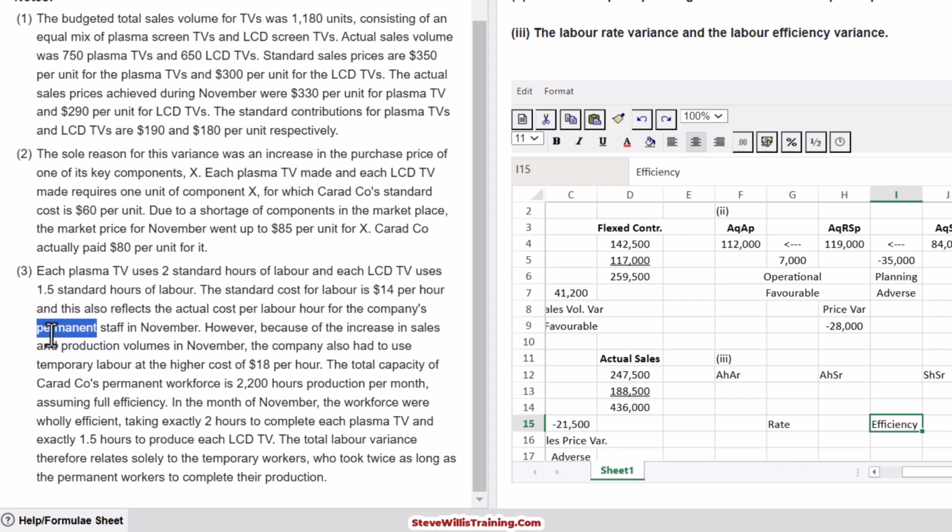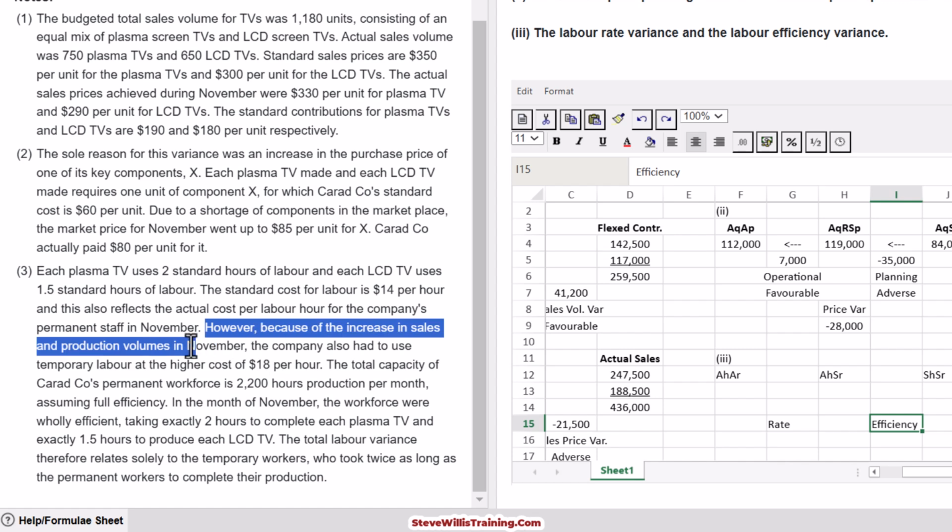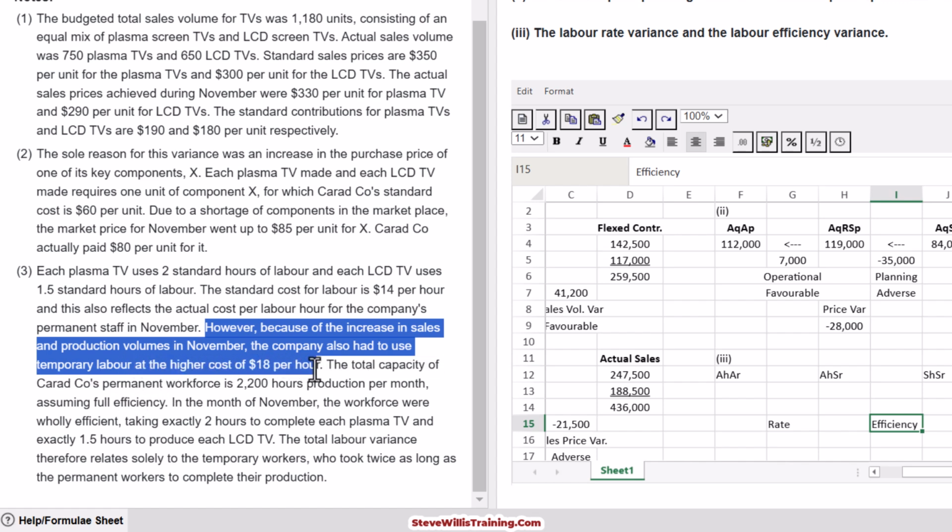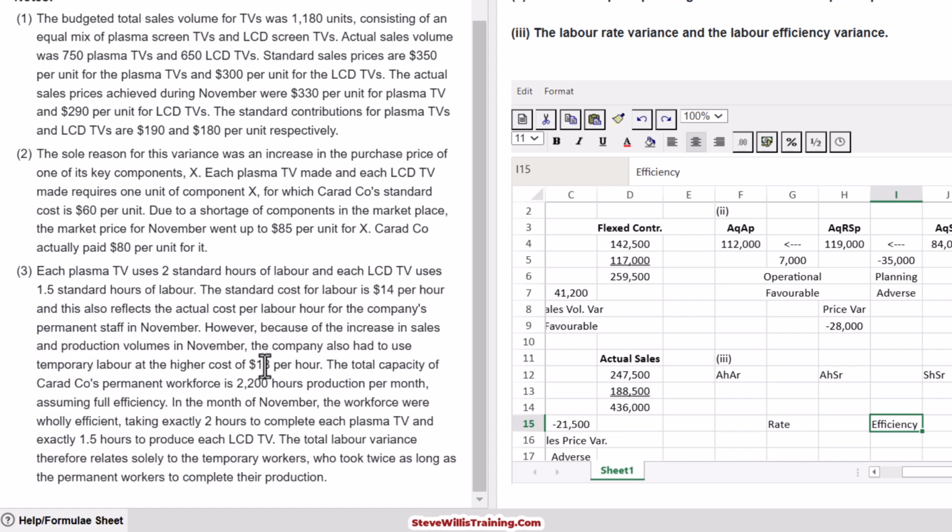So the permanent workforce, they got paid their $14 per hour, no variation. However, because of the increase in sales and production volumes, the company had to use temporary labor at a higher cost. So there, the actual rate for some of the units is going to be higher than that 14.